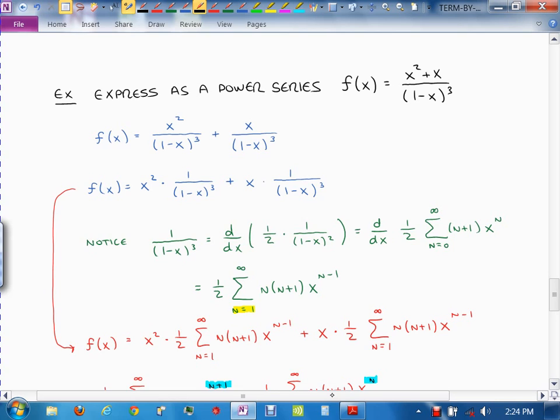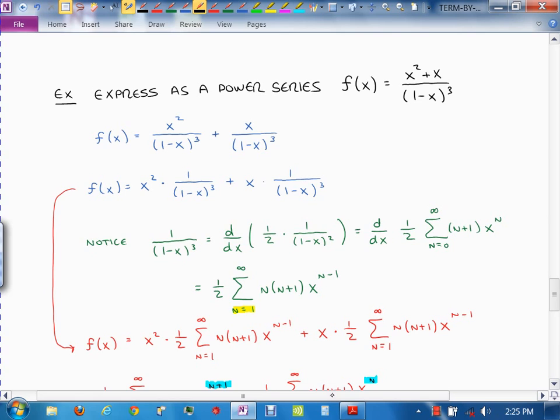I can pull that x squared out in front, and then this 1 over 1 minus x cubed I'll deal with in a second. Then this one, same thing. Pull the x out front, 1 over 1 minus x quantity cubed again. So if there's a way I could get both of these as series, then all I have is an x squared in front to multiply through and an x to multiply through. Is that all right?